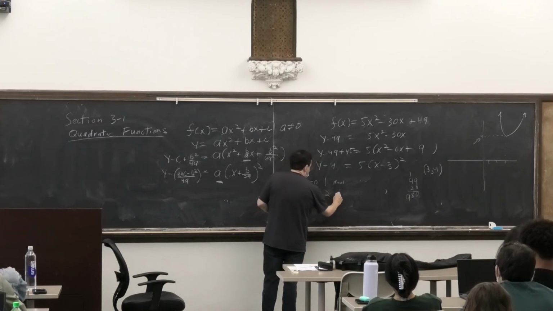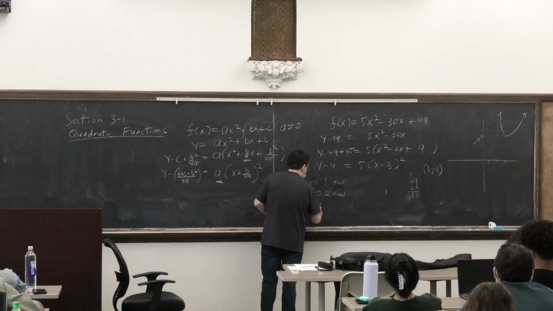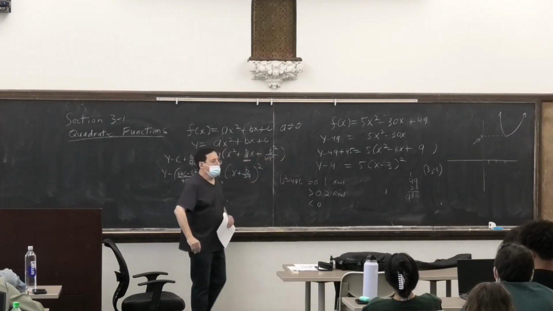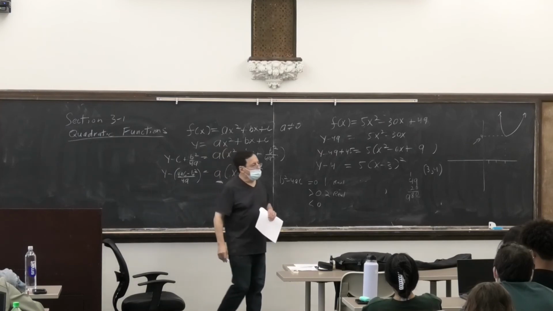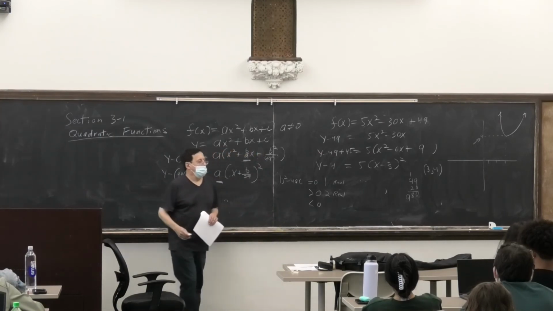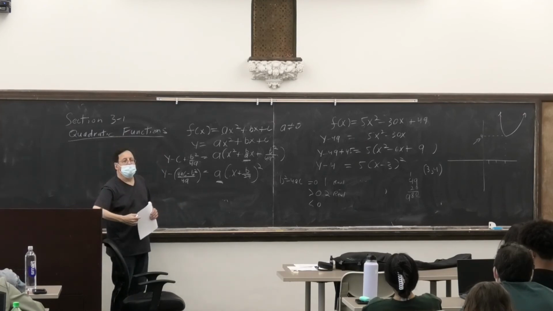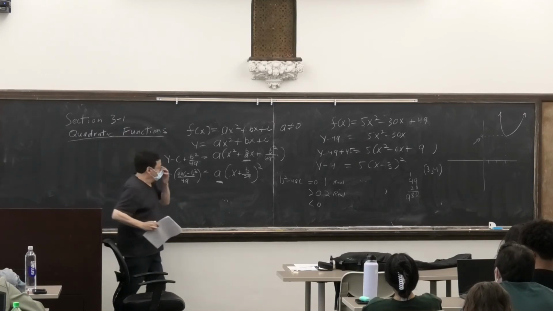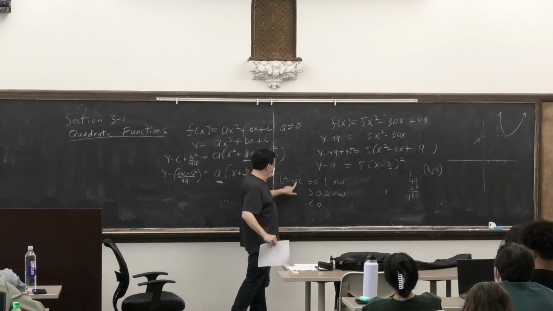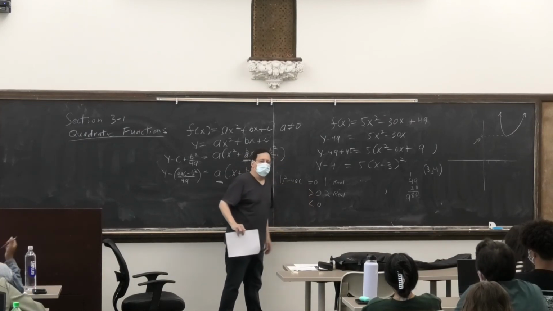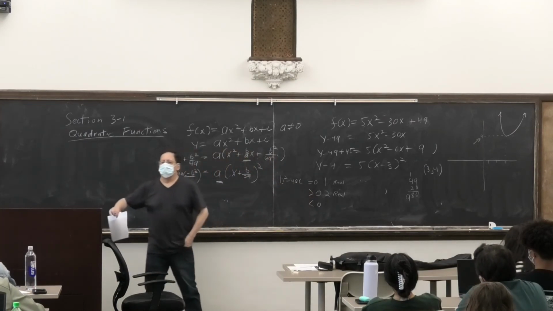It's greater than 0, you have two real roots. And if it's less than 0, what happens? What happens if the determinant of a quadratic, b squared minus 4ac, is less than 0? What do we know about the roots?